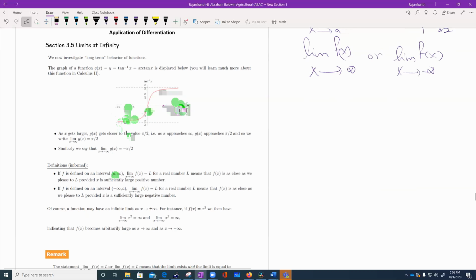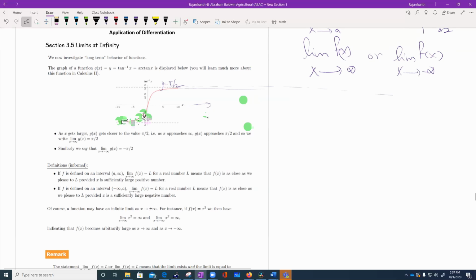This is my x value. When x is getting bigger and bigger, the function is approaching this line. What is that line? This line is the y equals pi over 2 line, right? So when you extend this pi over 2 line all the way to infinity, the function also will reach there.